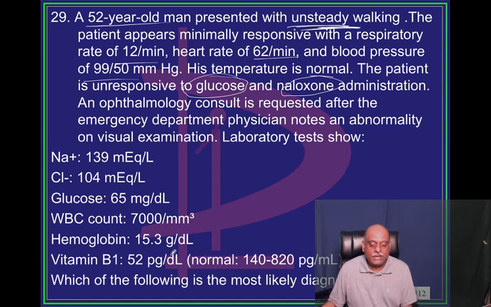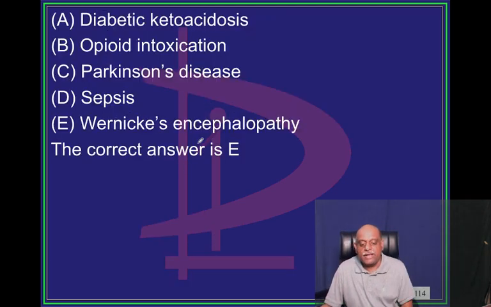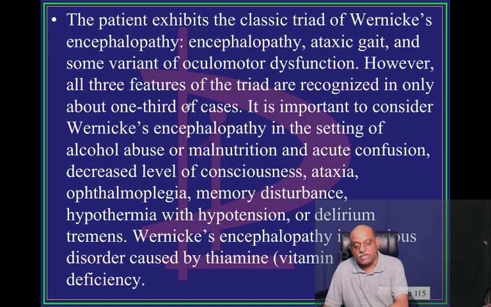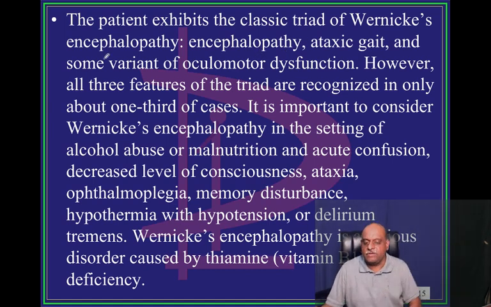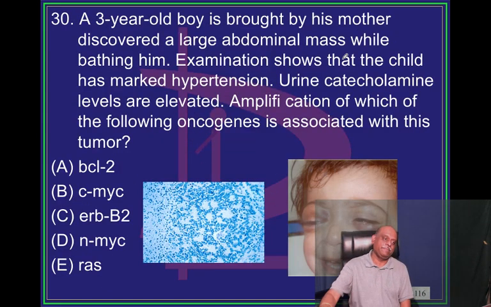And typically his vitamin B1, thiamine, is very low. So what is the most likely diagnosis, doctor? Obviously, Wernicke's encephalopathy. What is the classical triad of clinical features of Wernicke encephalopathy, doctor? Encephalopathy, ataxic gait, along with oculomotor dysfunction is the typical triad of clinical features you need to remember.